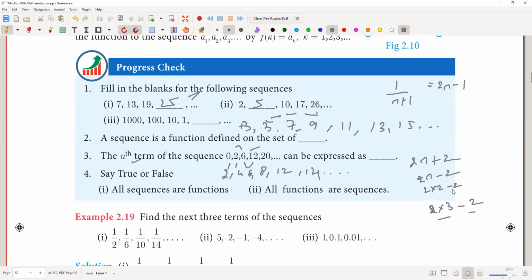It's not right, no? Is there any sequence in which we can express it? n plus 2? 0 plus 2, 0 should not be.